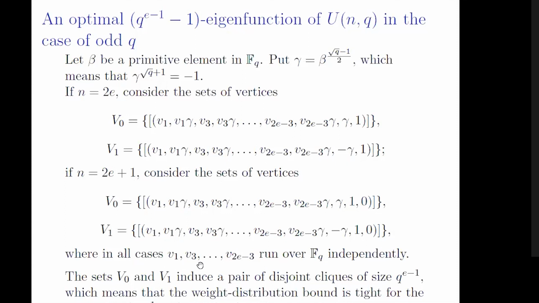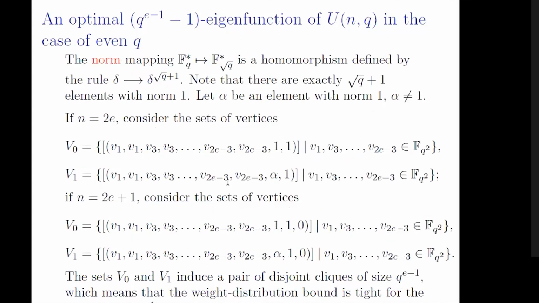In all cases, v1, v3, ..., v(2e-3) run over Fq independently, and it can be checked by the definition of the product and by the definition of the unitary graph that the sets V0, V1 induce a pair of disjoint cliques of size q^(e-1), which means that the weight distribution bound is tight for the unitary graph in the case of odd q.